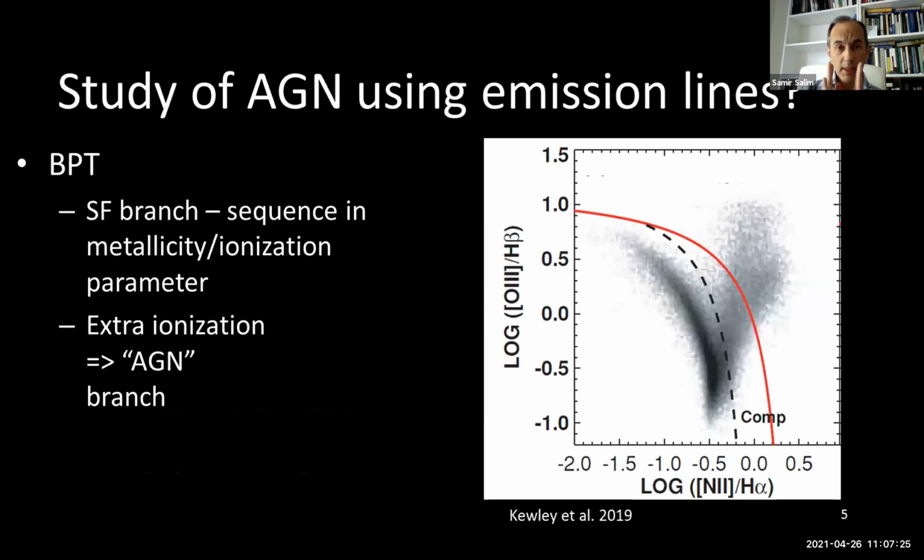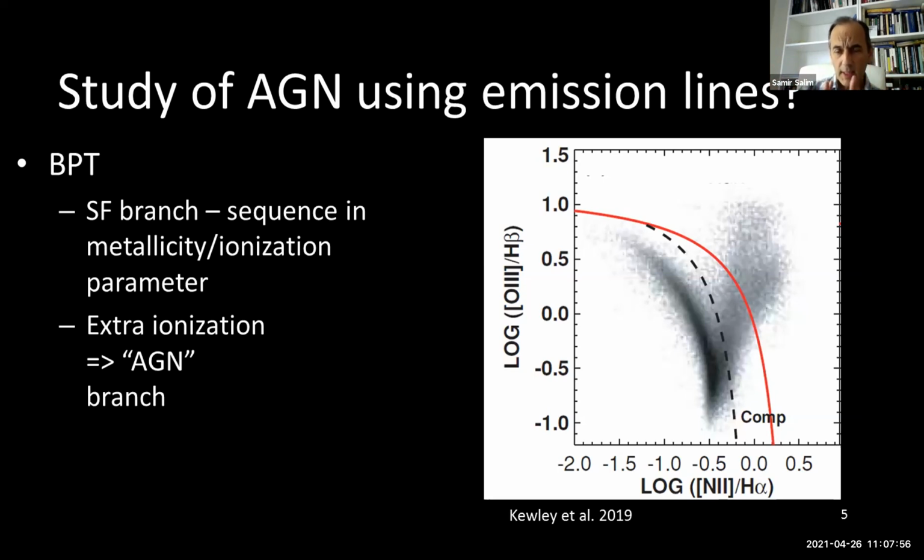Now, a lot of the studies of type 2 AGN are done using emission lines because they are actually very efficient at finding AGN, okay? And if you have spectroscopy, that's a relatively easy method to find them. So the idea is that typically we construct what is known as the BPT diagram that combines two line ratios. And we're looking at this diagram, which you can see has these two branches, okay?